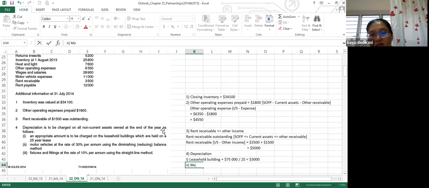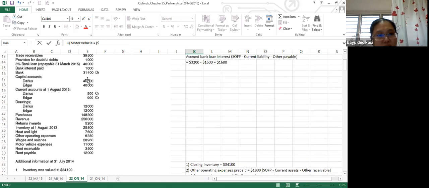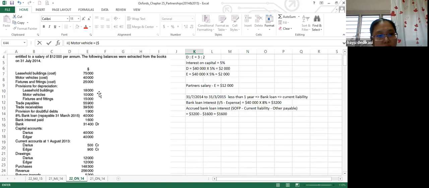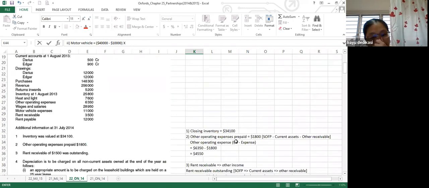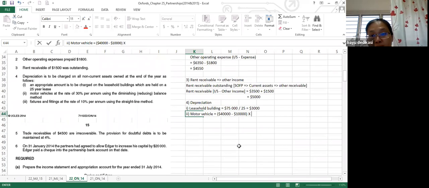So your motor vehicle, the cost is 40,000 minus your provision is 10,000, and then after that times 30%.